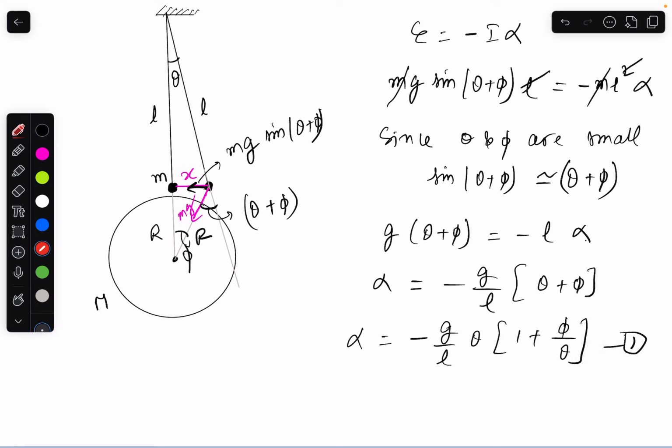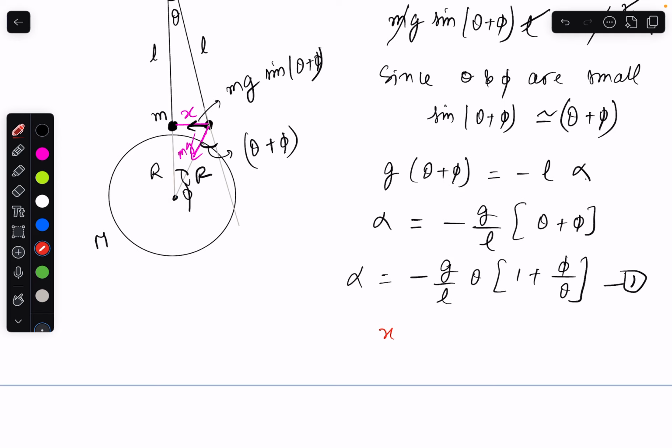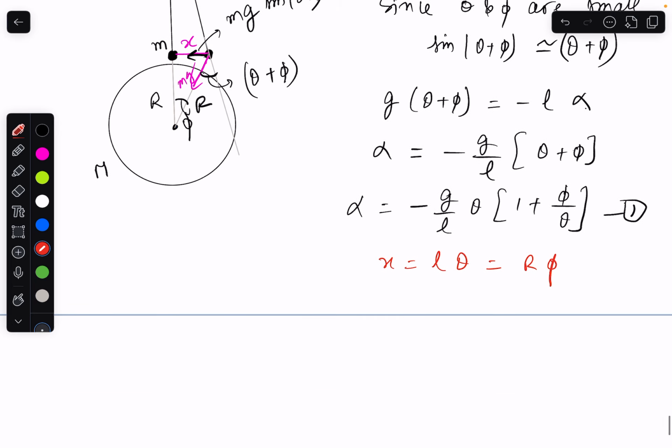Another thing that we can write is x equal to L theta, and this will also be equal to r into phi. So using this as second equation and putting these values in 1, we can write the angular acceleration as minus g by L into 1 plus, in place of phi, from equation number 2, phi can be written as x upon r, and divided by theta can be written as x upon L, into angular displacement theta.